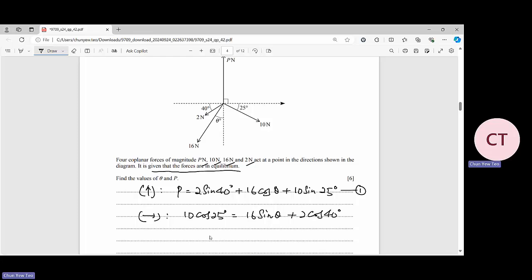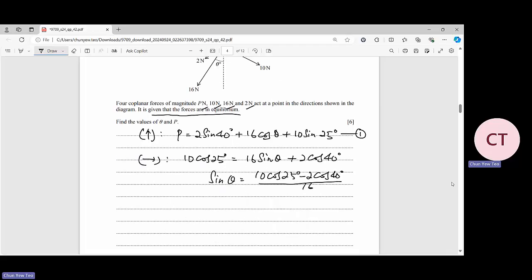By shifting all the values to one side, you get 10 cos 25 minus 2 cos 40, divided by 16, is sine theta. Press the calculator directly and we can find theta directly. You get 28.08.